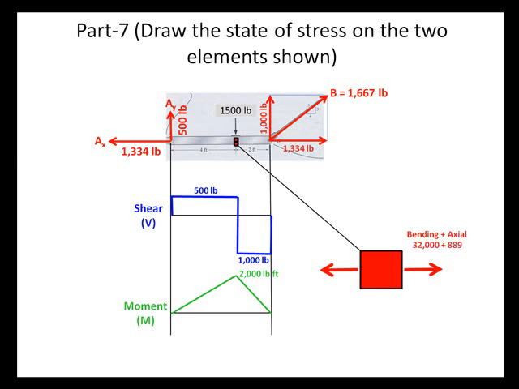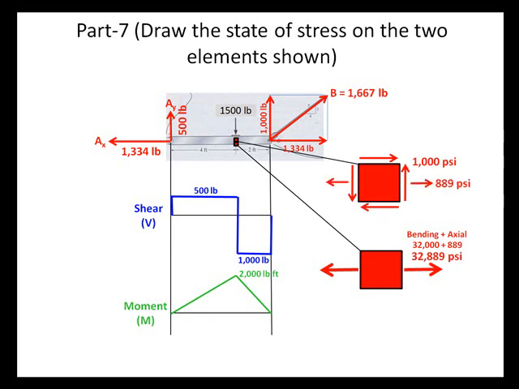So we'll add the 32,000 to the 889 and find that the total normal stress on that element is 32,889. The element at the neutral axis has some shear stress, the transverse shear stress, 1,000 psi, and don't forget that it also has axial stress on those faces of 889 psi.